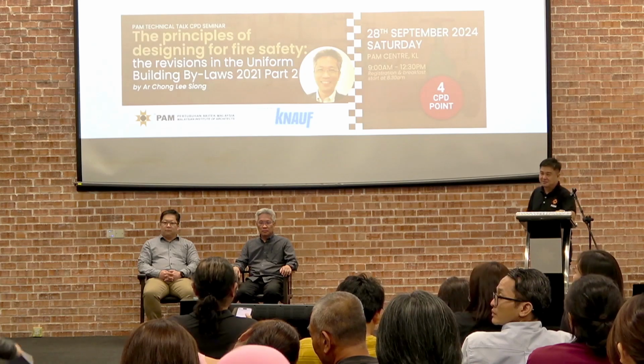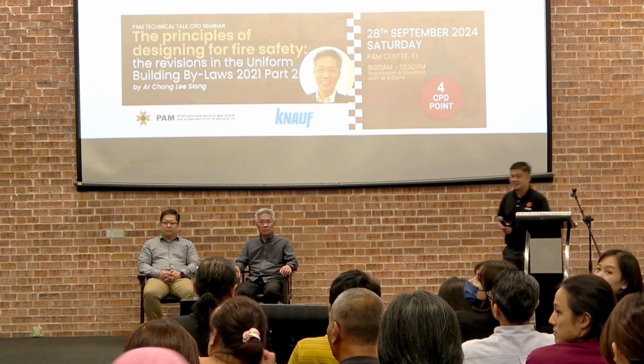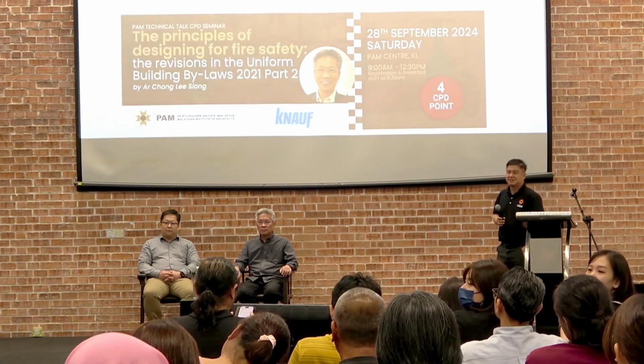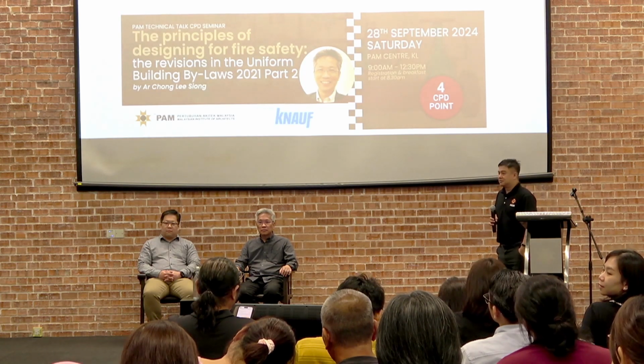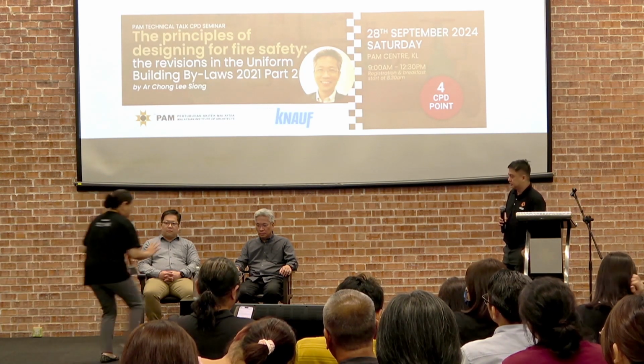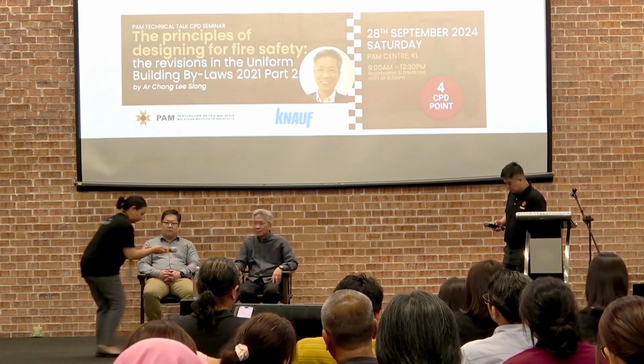Good morning. My name is James Chin, architect. I have a question for Architect Lee regarding party walls. This 200 millimeter requirement for the party wall, what is the logic? Because as you are saying, 100 millimeter basically fulfills most of the 2-hour rated fire requirements.